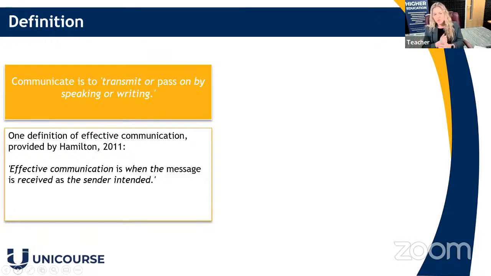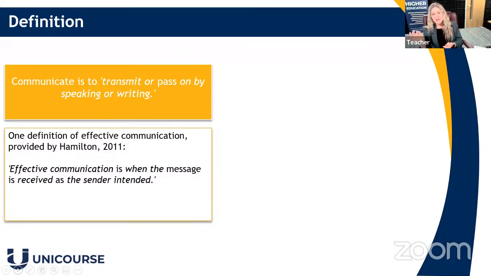I'm just going to start off by talking to you about some basic definitions. One definition of effective communication, provided by Hamilton in 2011, is that effective communication is when a message is received as the sender intended. Now think about the wording in that.